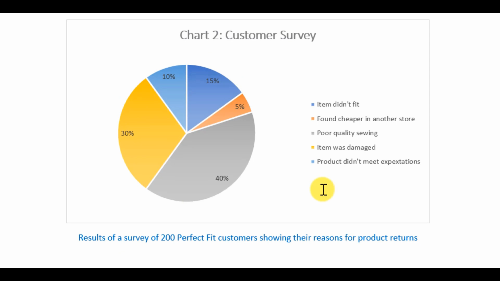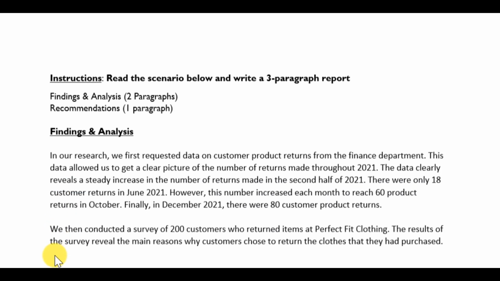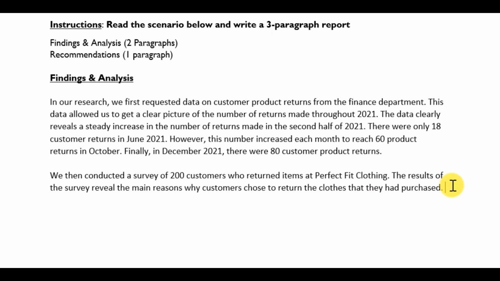What was the main reason why customers chose to return their clothes? Well, we've got 40% here who returned clothes because of poor quality sewing. Okay, that is the first reason.